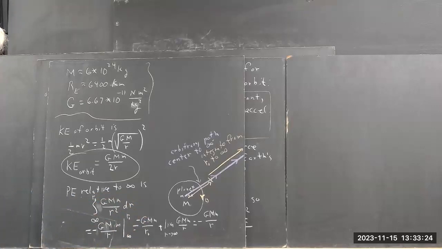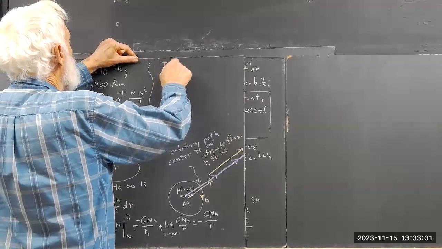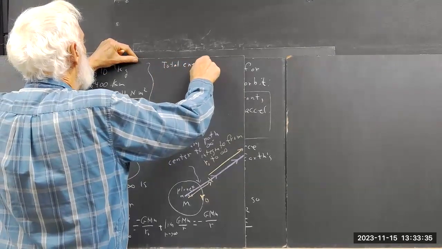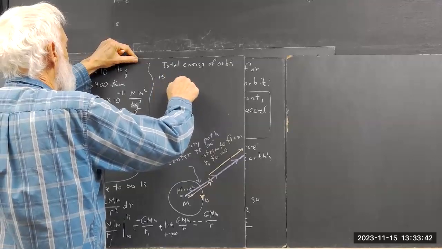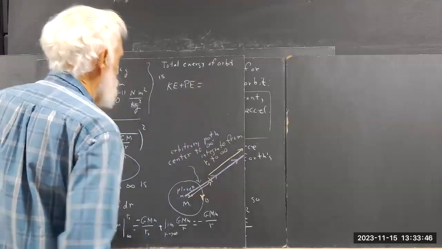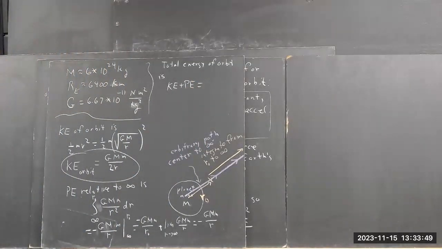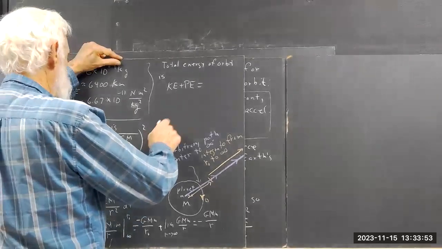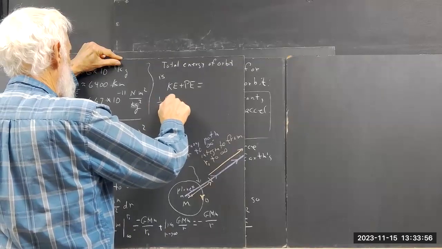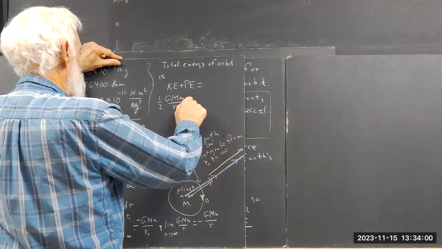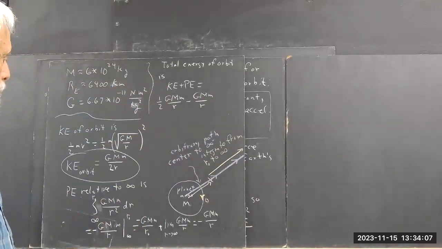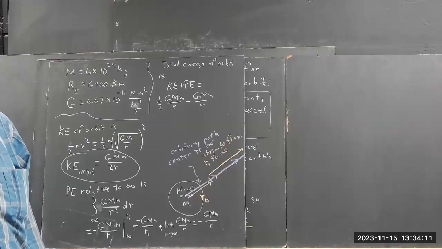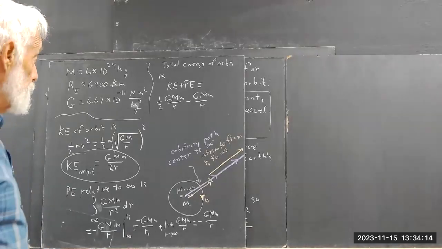Now we apply that. Total energy in orbit is kinetic plus potential energy, which is one half big G, big M, little m over R minus big G, big M, little m over R. And what's that?